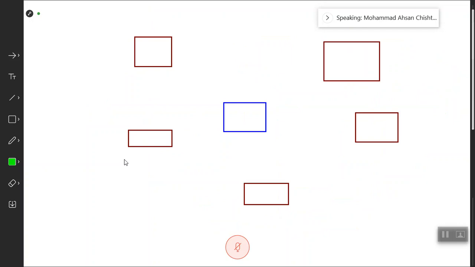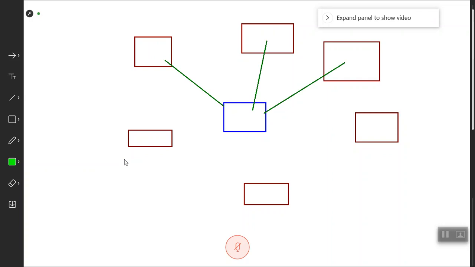And the node can be a printer, a server, a desktop, a laptop, and so on. In this manner, it resembles a star.